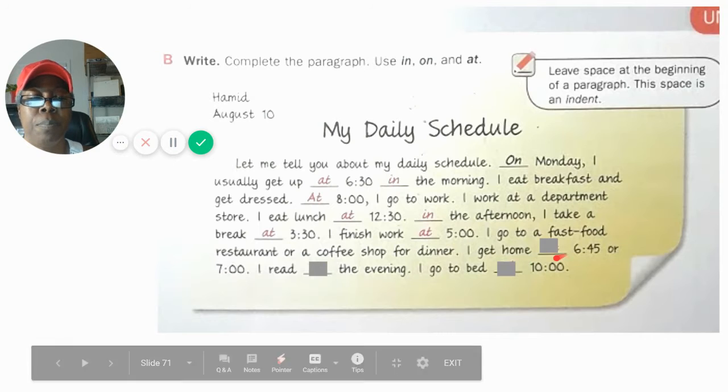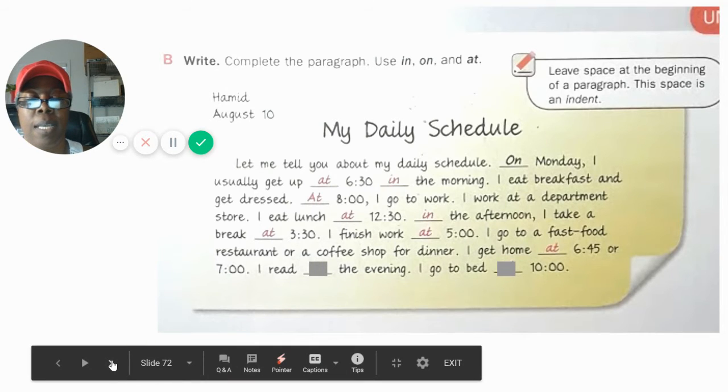I get home at 6:45 or 7. I read in the evening, part of the day. I go to bed, specific time.